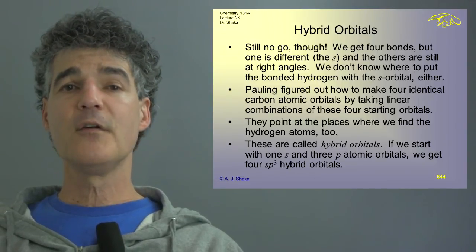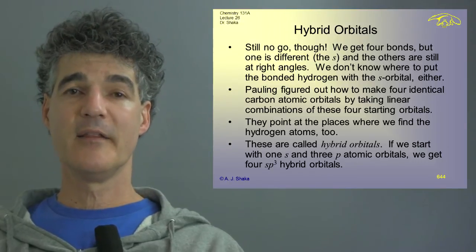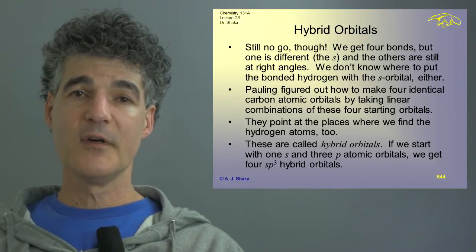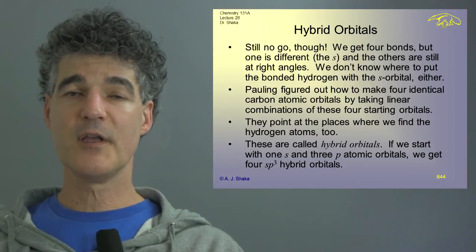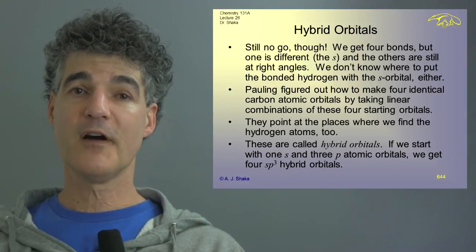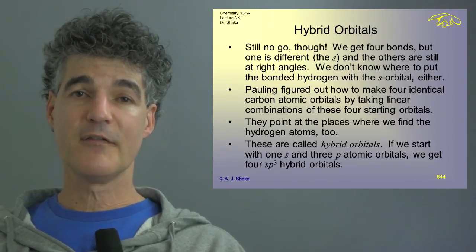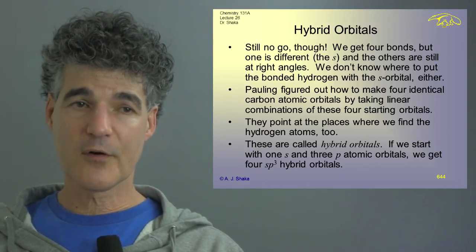Therefore, what we have to do is we have to somehow combine these orbitals into orbitals that are all the same. And since there's 1 s and 3 p's, all of our combination should be 25% s and 75% p, and that's why they're called sp3 hybrid orbitals.